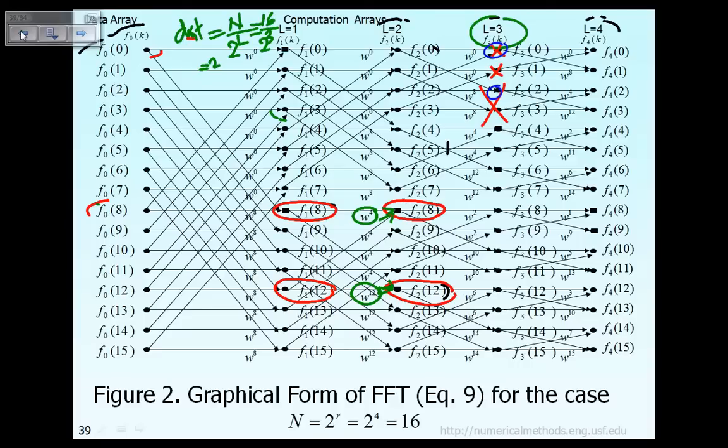And after we compute F31, immediately we compute F33. That's why after we finish computing F30 and F31, we skip the next 2. Then we compute the next 2 and skip the next 2, and so on. That's the way it works when you write a computer program.